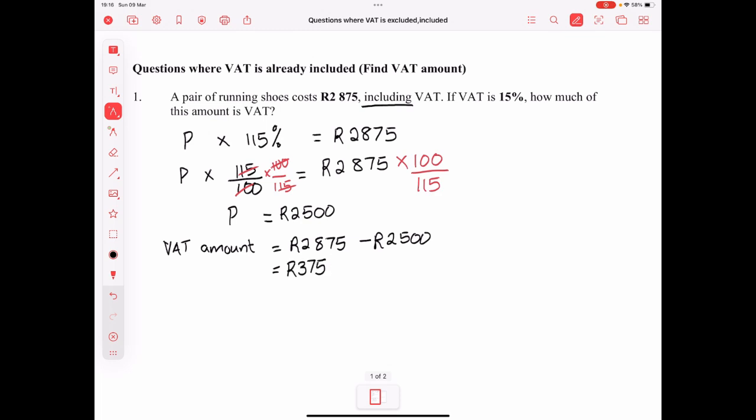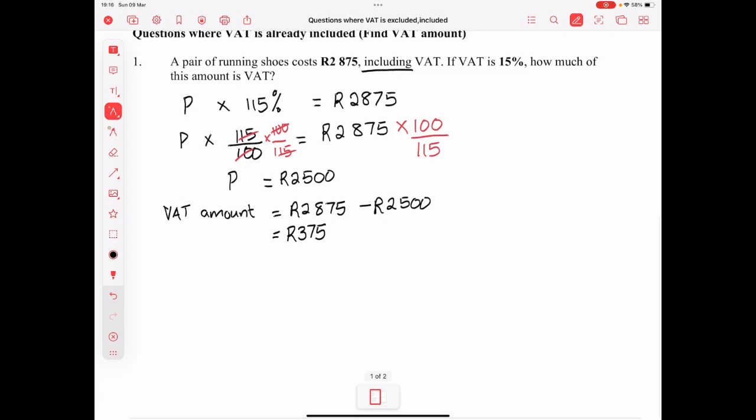Okay, now there's another method. You could either go or, and here you could go P is equal to P times 115 over 100 equal to 2,875.